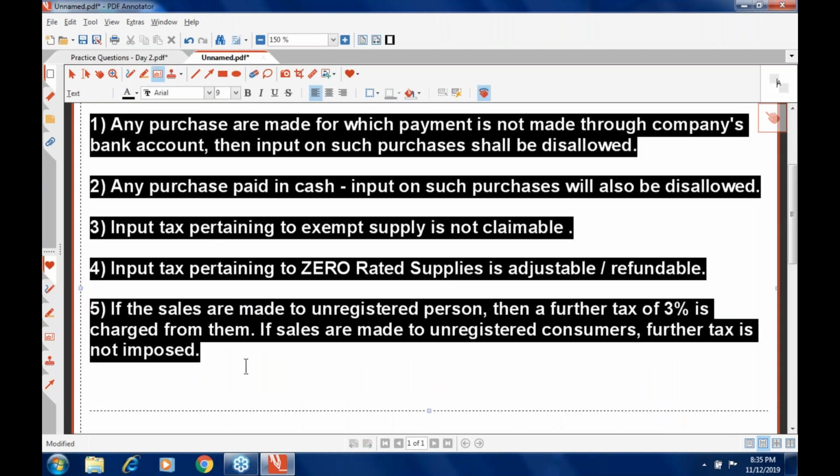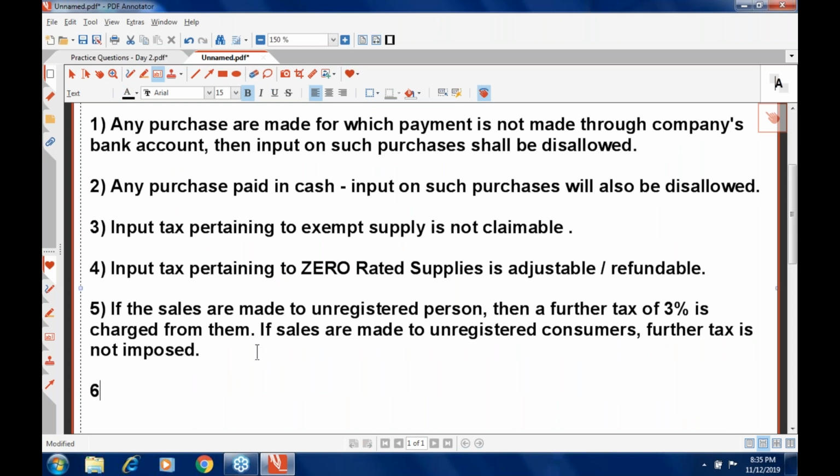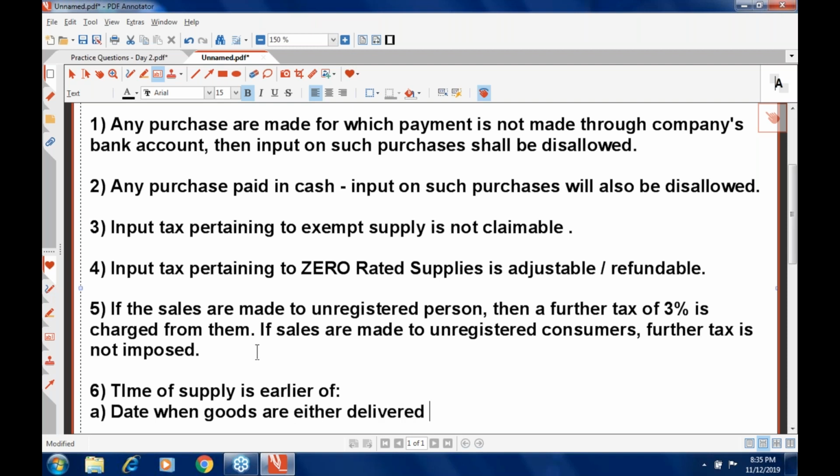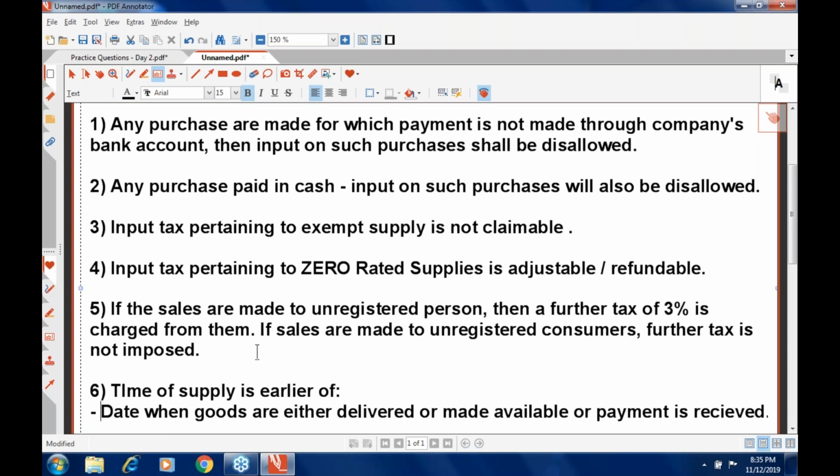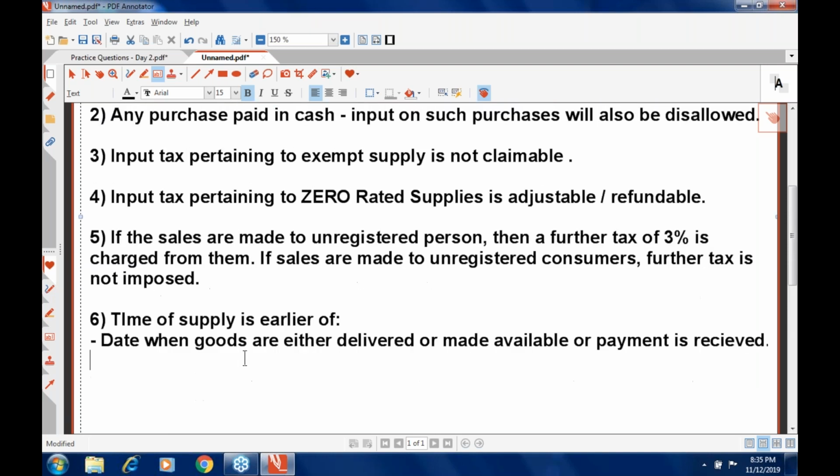Remember one thing we discussed yesterday, that when we talk about the time of supply, it is the earlier of the date when goods are either delivered or made available, or payment is received.